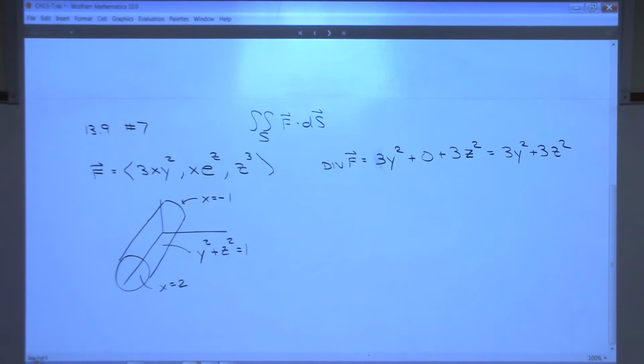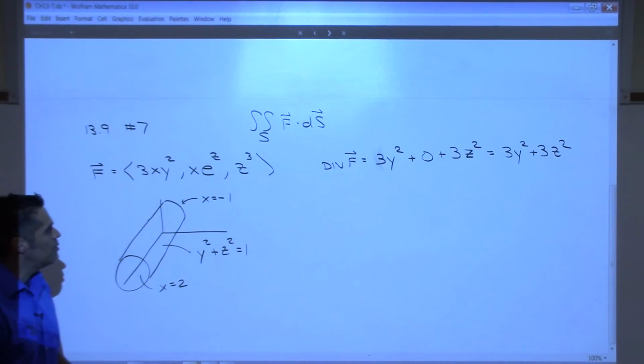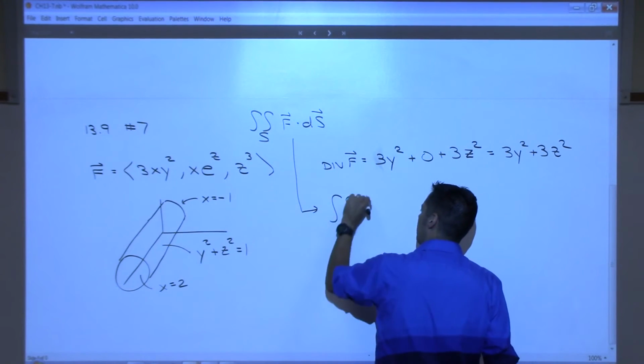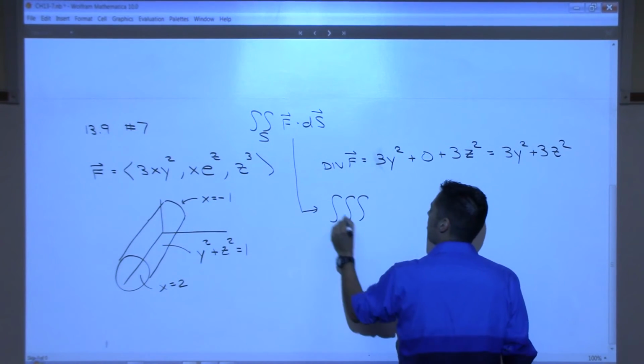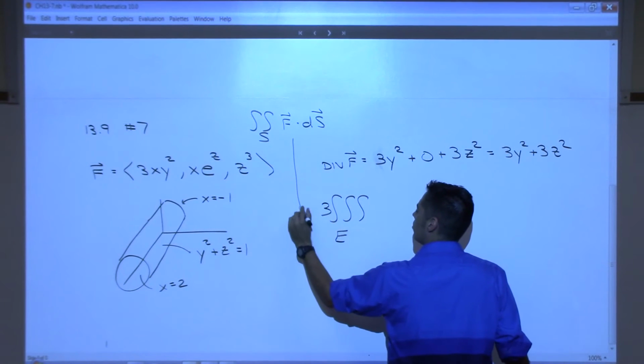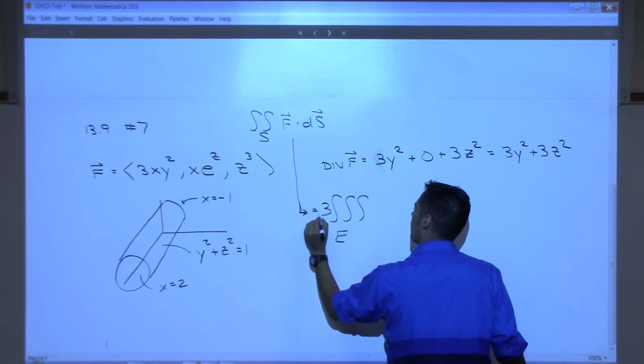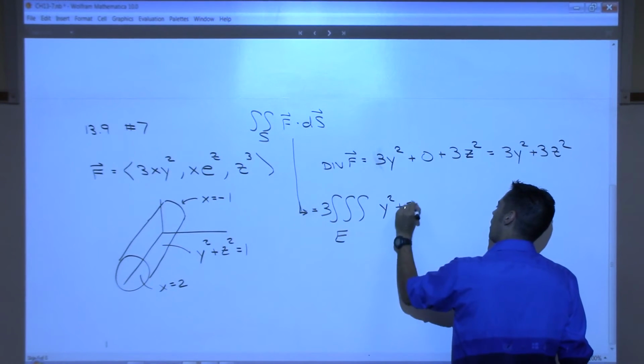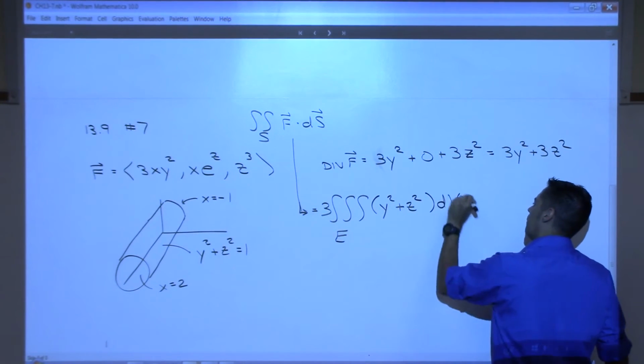So everything's looking perfect here for what I want to do. So this is equal to triple integral over E of div f. I'm going to pull the 3 out of y squared plus z squared dv.